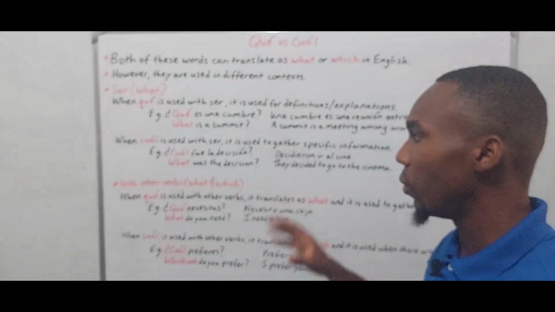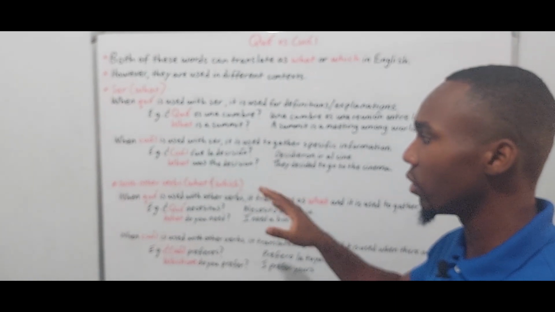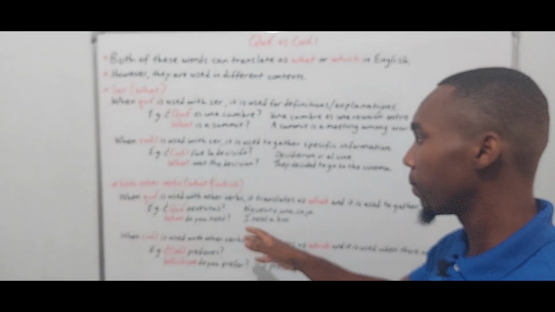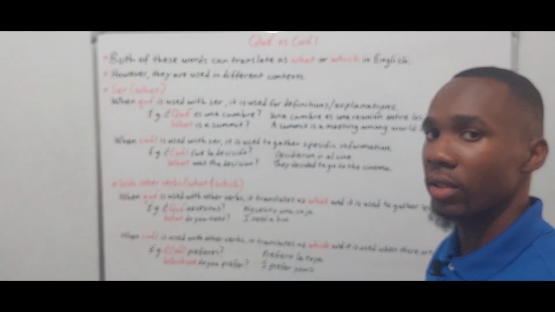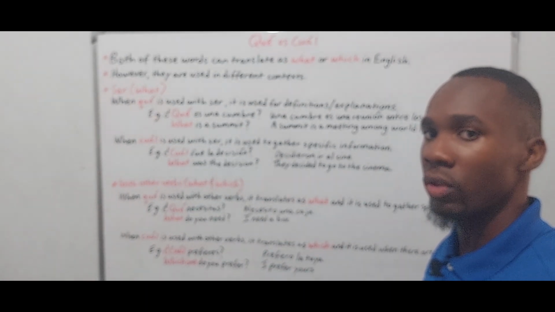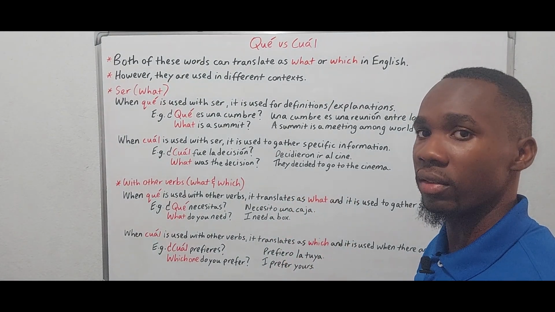So when we use these two interrogatives with other verbs, they translate as what and which respectively. Que will be used to gather specific information, whereas cuál will be used when there are choices.